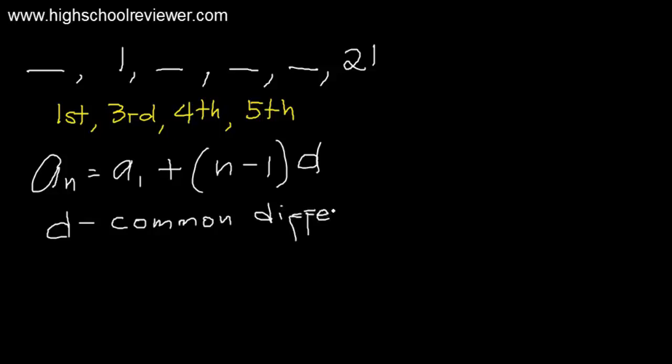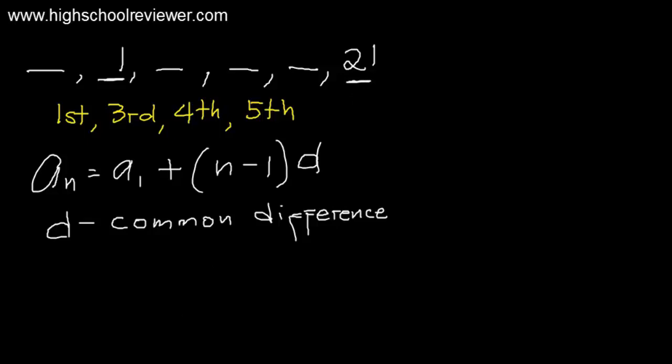To find a common difference, we subtract two consecutive terms. But looking at this given, we do not have consecutive terms. So what we need to do is use the equations of the second and the sixth term to find d.